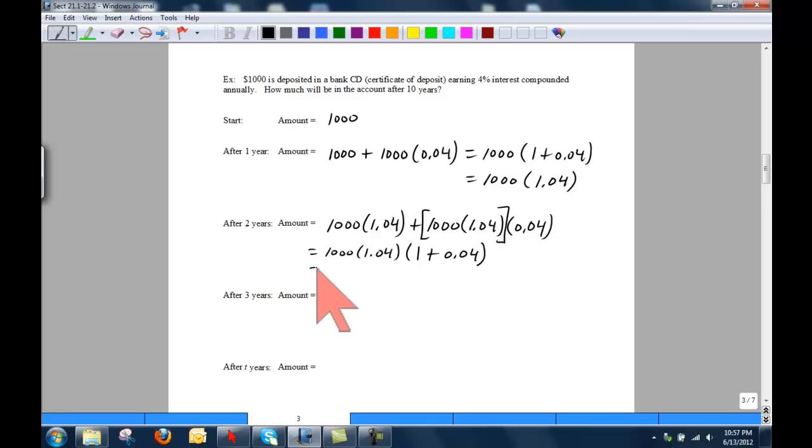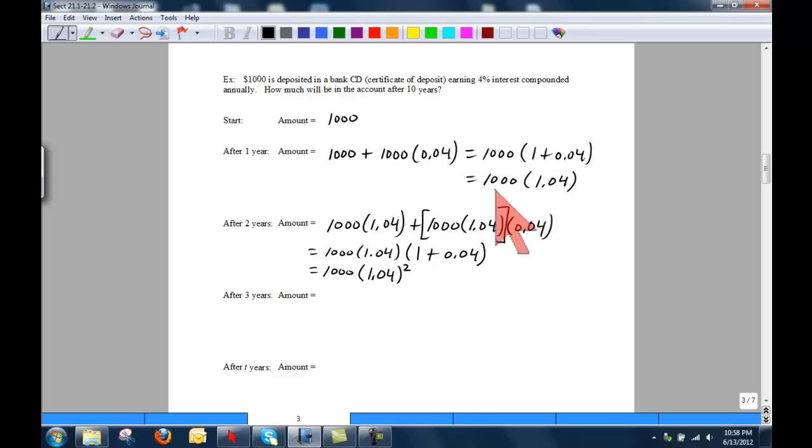Let's simplify this a little more. 1,000 times, okay, here's one factor of 1.04. But notice in the second set of parentheses, there's another factor of 1.04. So we'll write that as 1.04 squared.